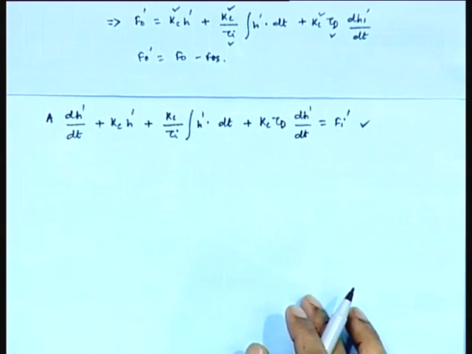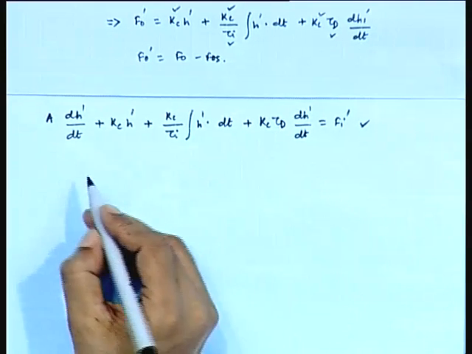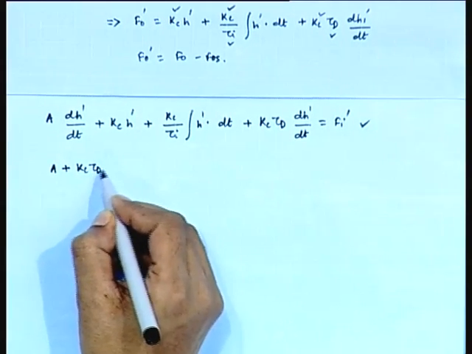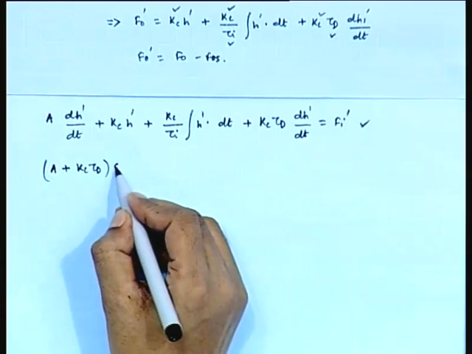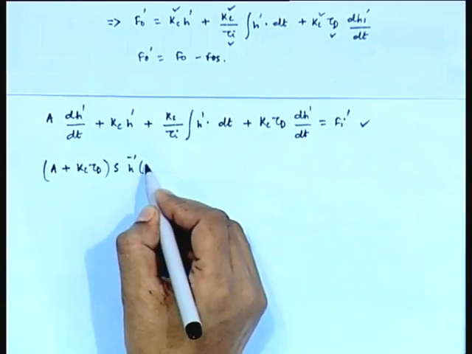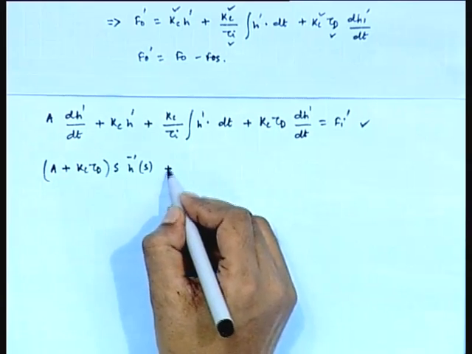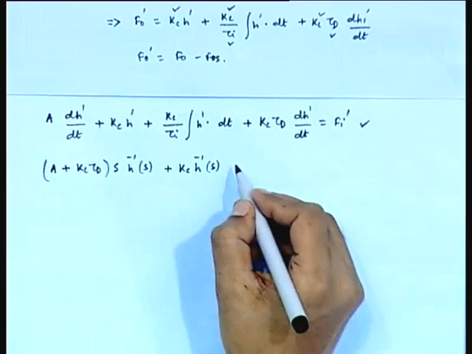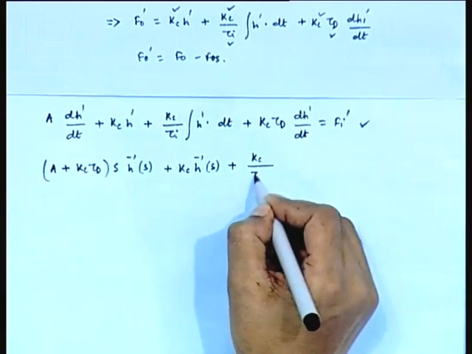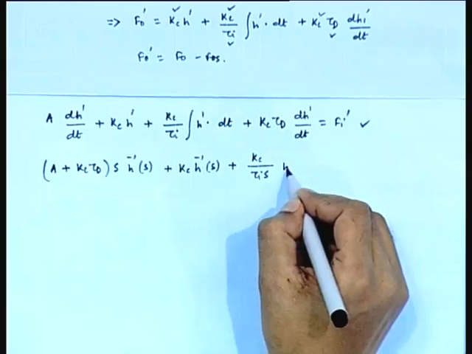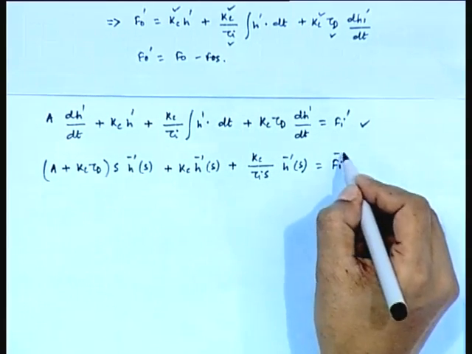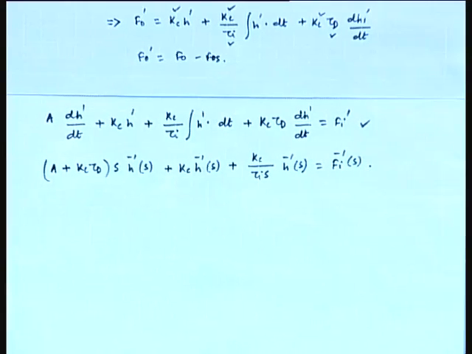Now, taking Laplace transform, we get a plus kc tau d s h bar prime s plus kc h bar prime s plus kc divided by tau y s h bar prime s equals f I bar prime s.